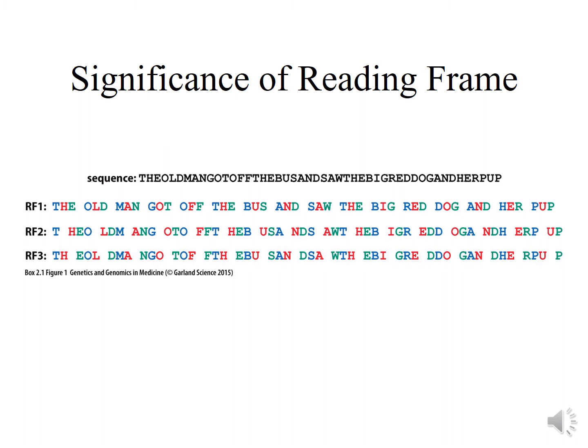The old man got off the bus and saw the big red dog and her pup, but make no sense when using reading frame 2 or reading frame 3. Okay, so the sequence up at the top of the rows, which is in black, could be read in 3 different ways, and depending on where you make the cut into triplets really affects the logic of this.